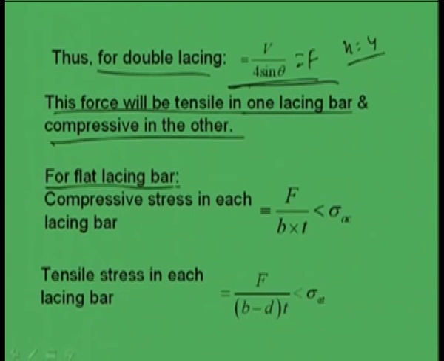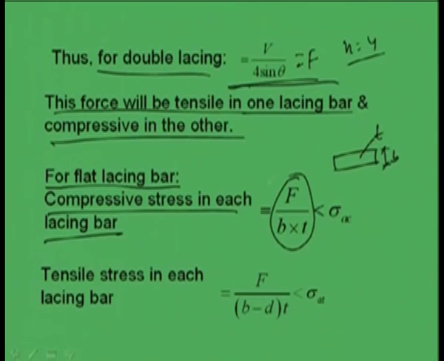Now, for a flat lacing bar, the compressive stress in each lacing can be found as F by B into T, where B is the width of the bar and T is the thickness. This has to be less than the allowable compressive stress, which is sigma AC.